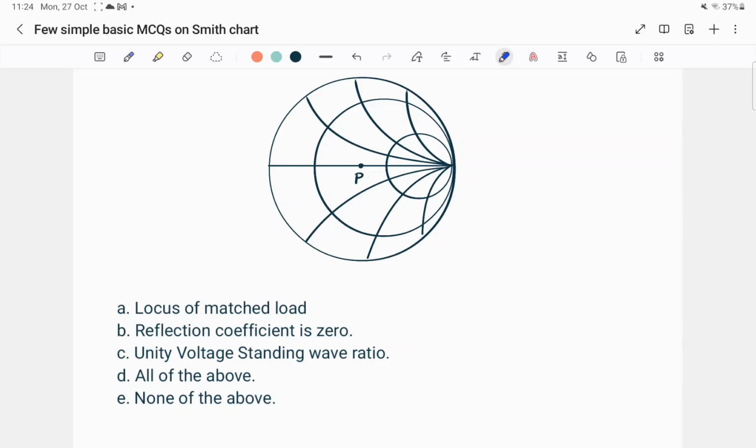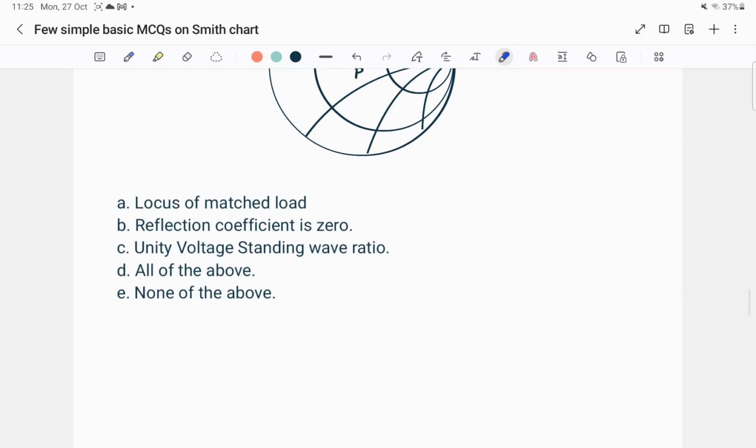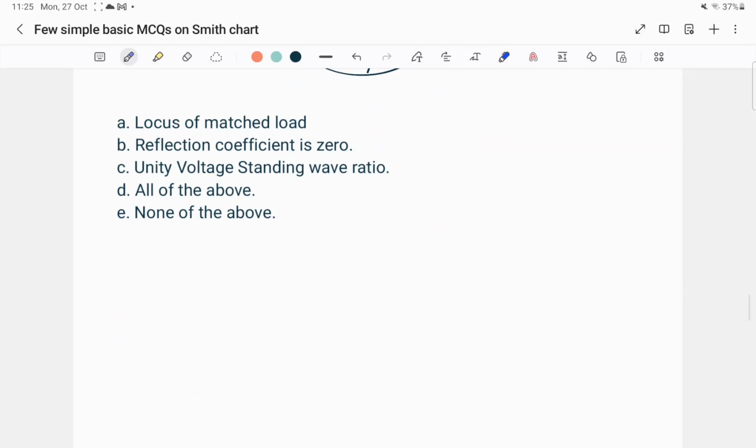Now I have chosen these questions in order to make you realize how fast you can solve them when you know the Smith chart graphically. So before giving you the complete solution, I would first like to compare three different students. Let us say that we have student A, student B and student C. Student A has never studied the Smith chart, nor does he know any concept based on transmission lines.